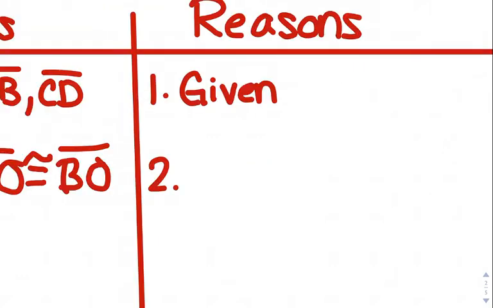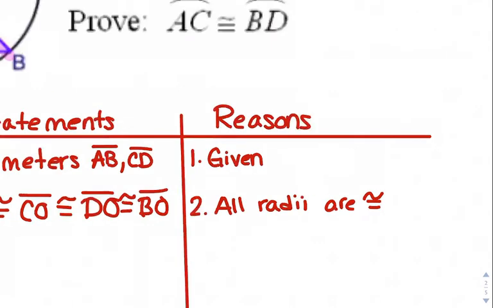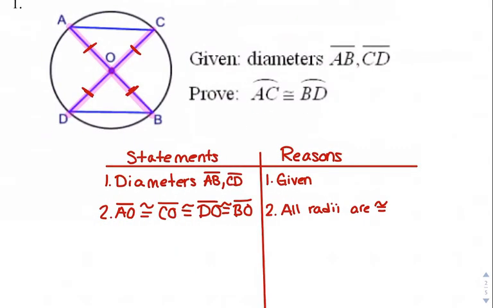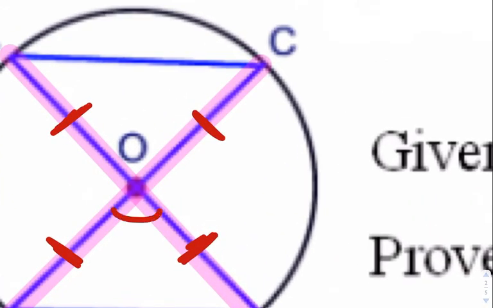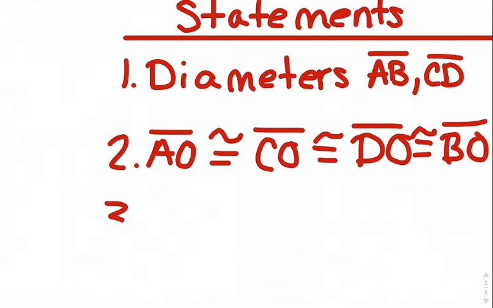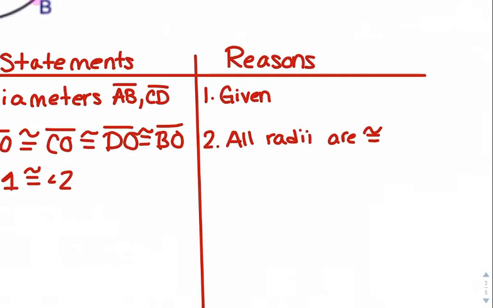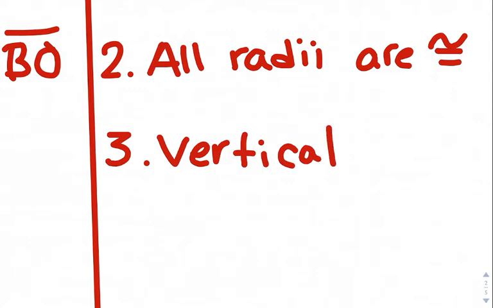And we can say all radii are congruent. Now, you might notice this as well, because this is something that we always notice. Angle 1 and 2 here are indeed vertical angles, so we can write that next. So angle 1 is congruent to angle 2. And we can say vertical angles are congruent.